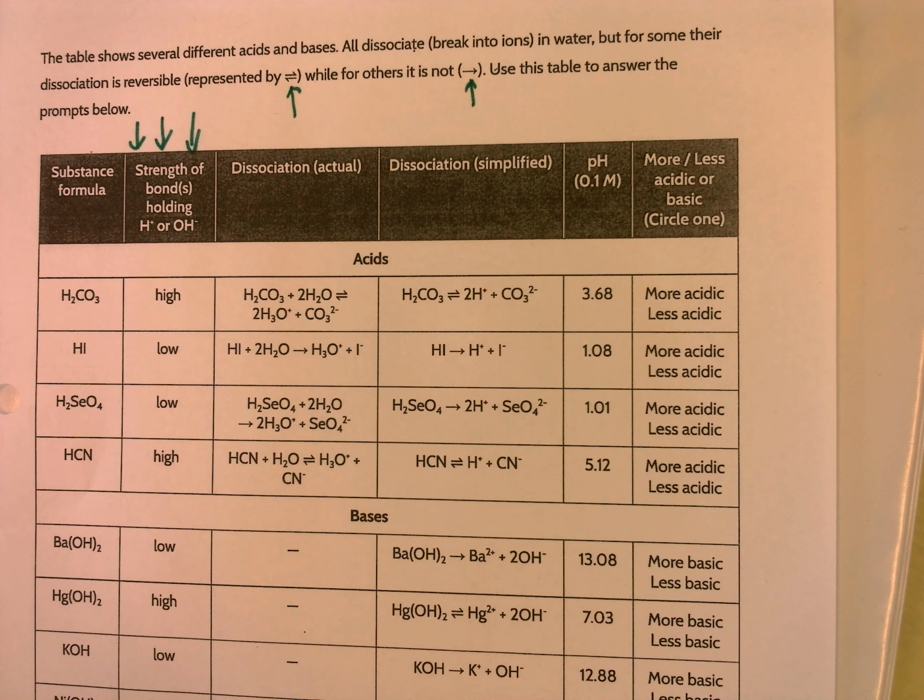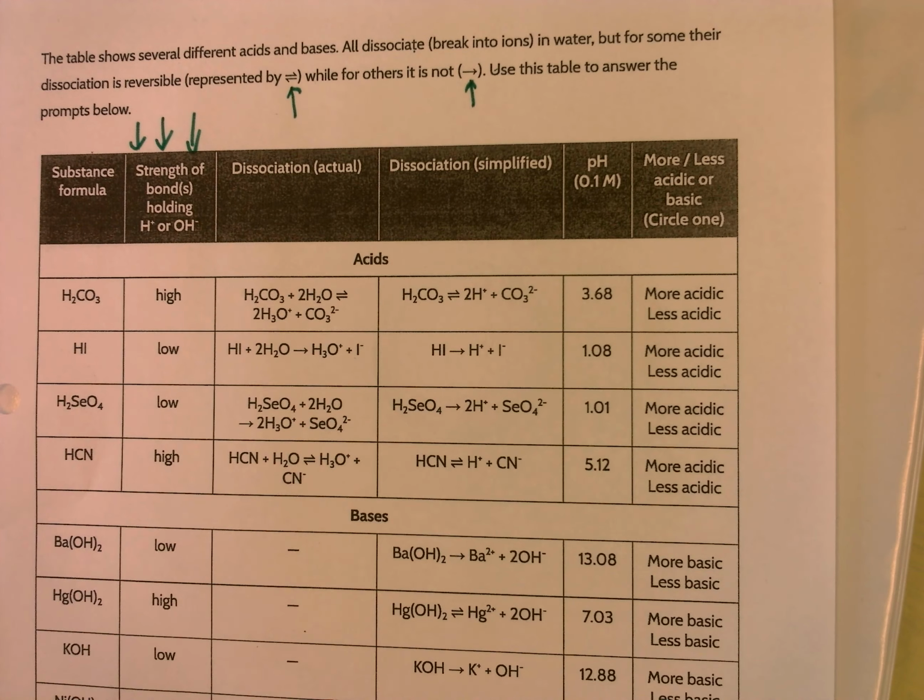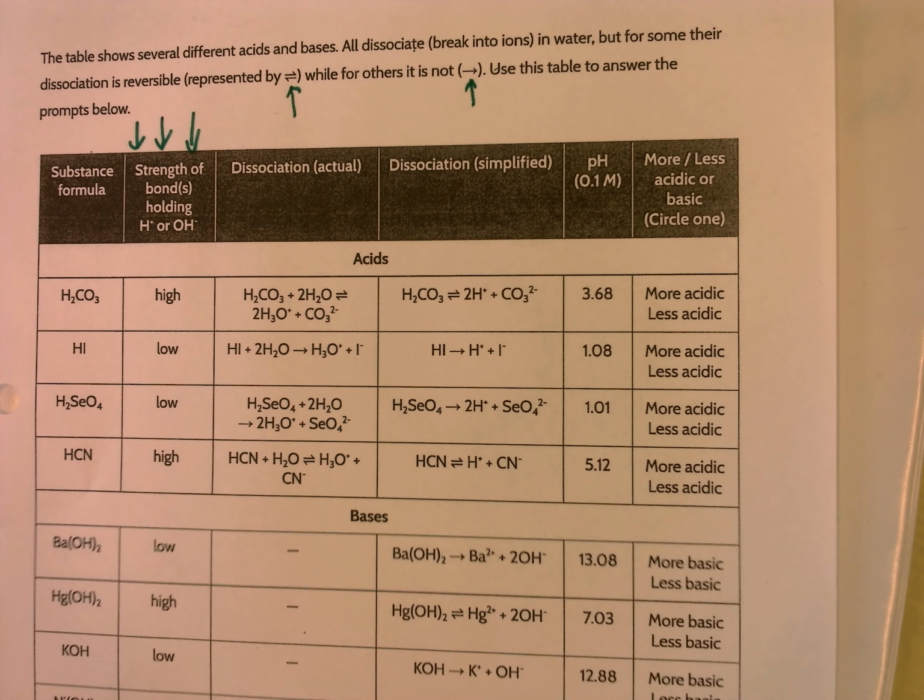Because remember, pH is the measure of the floating around hydrogens. And the higher the number of floating around hydrogens, the lower the pH. So if the other atom is holding really tightly to those hydrogens, then not very many of them will be released, and the pH will be higher because there won't be that many floating around hydrogens. Does that make sense? Yes or no? Help me out. Help me help you.